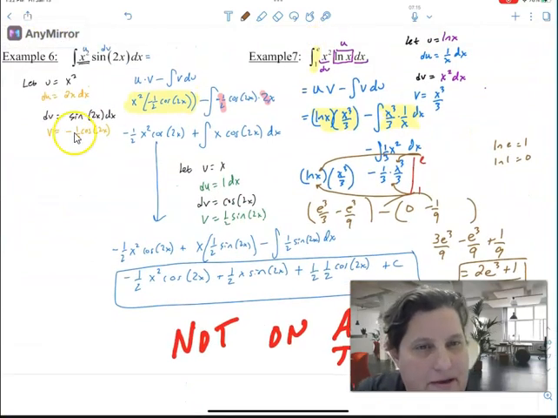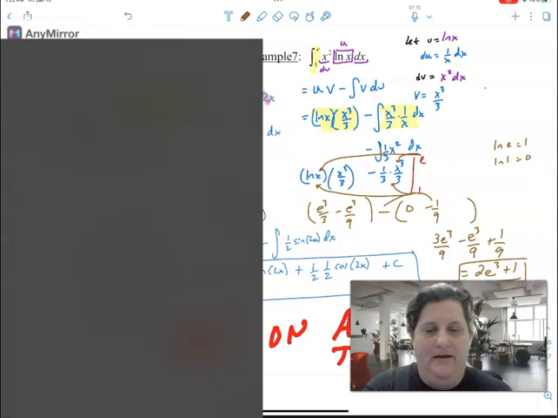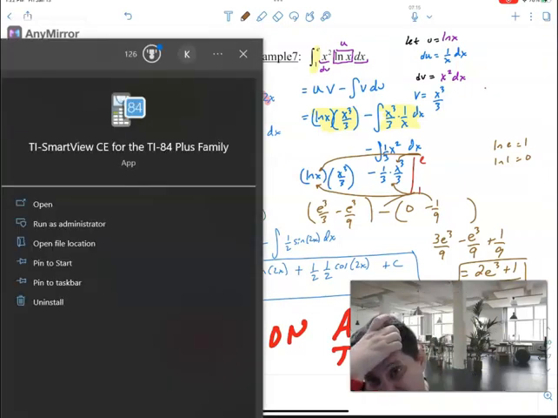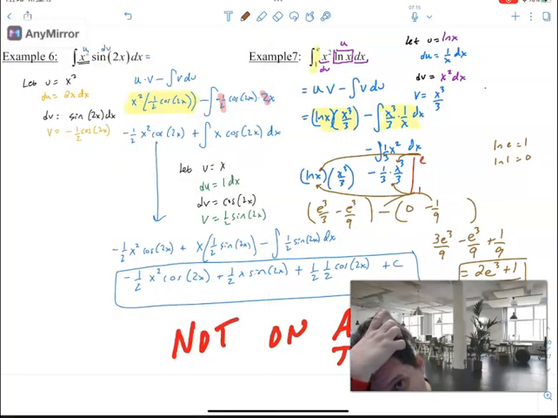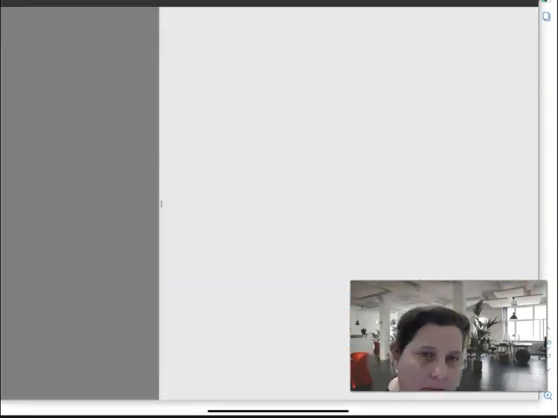Let's go ahead and put x squared ln x into our calculator. Every time I have endpoints, I like to check on my calculator to keep up with my calculator skills and to make sure I did it right. Alright, so here we go.